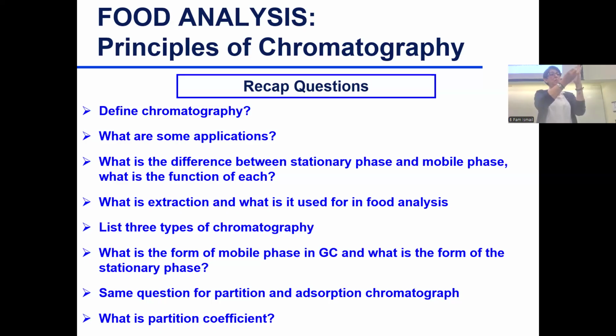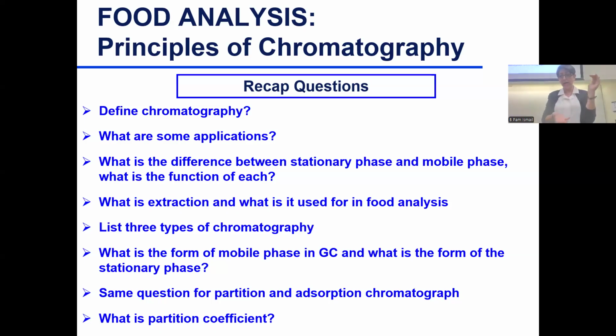And then the compounds in that mobile phase will start interacting with the column, or with the stationary phase, and will be delayed. The more strongly they interact with your stationary phase, the less they're going to move with the mobile phase.